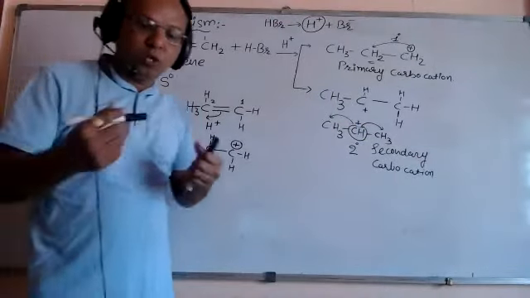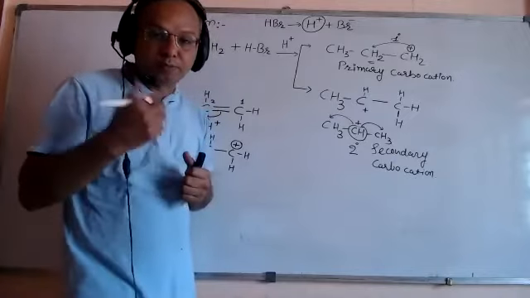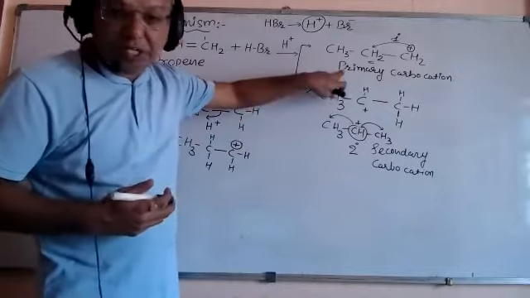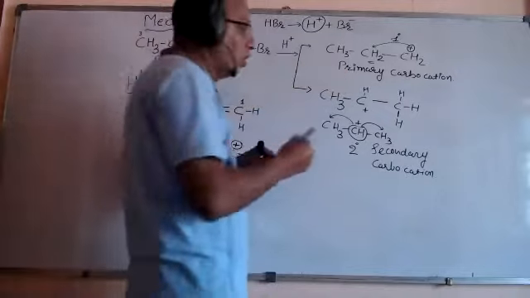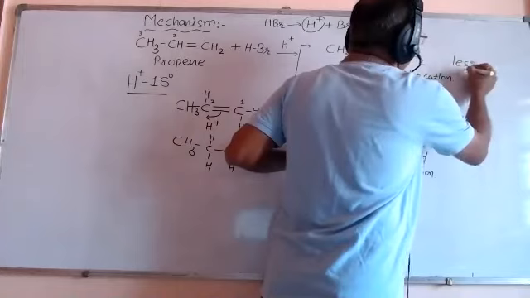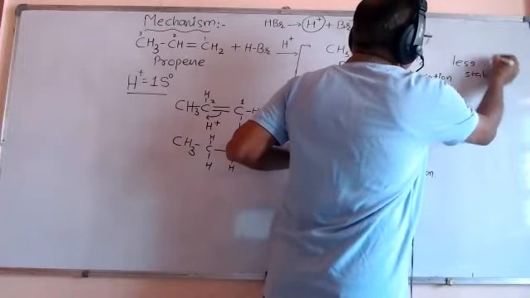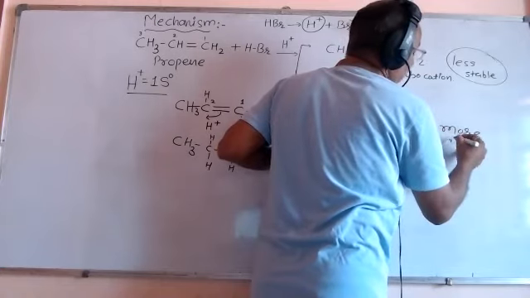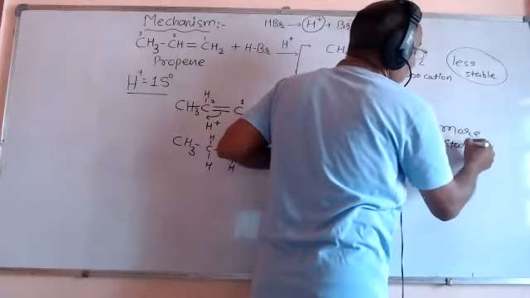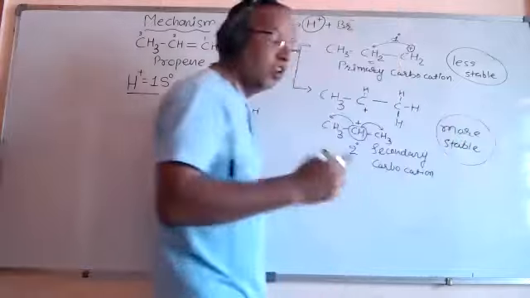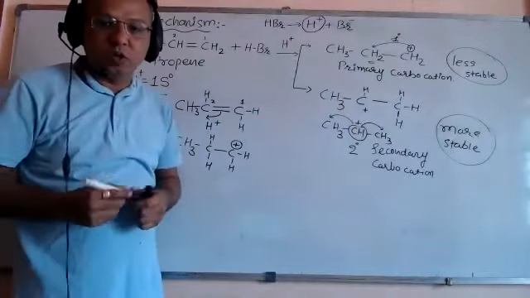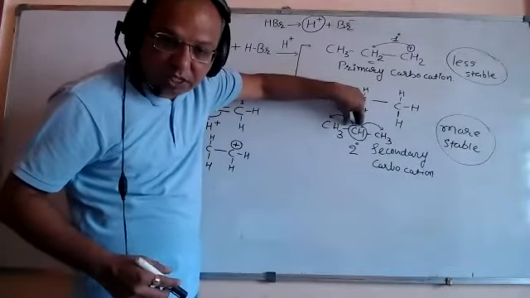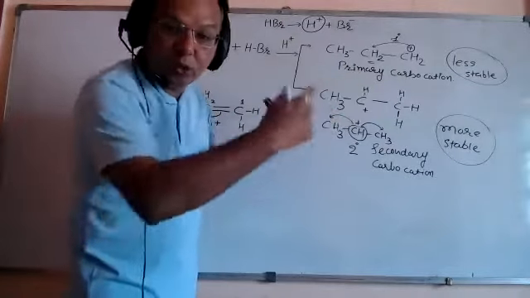Now here is the choice. What is the experimental fact? The experimental fact is that, friends, primary carbocation is always less stable than the secondary carbocation. Secondary carbocation is more stable, friends. Why is it more stable? The question always arises. The reason is that this carbocation is covered by two CH3 groups.